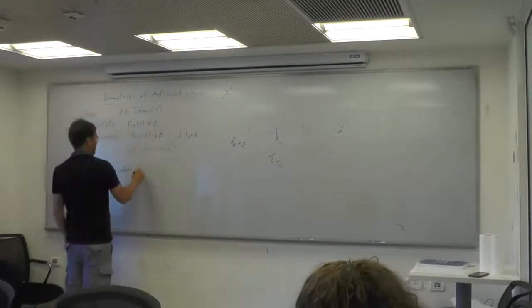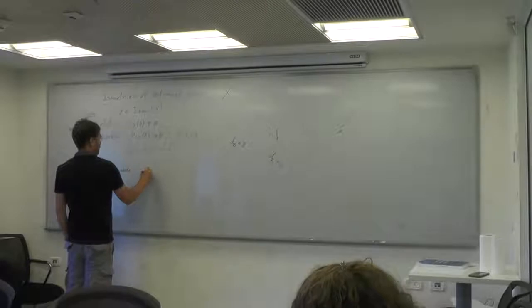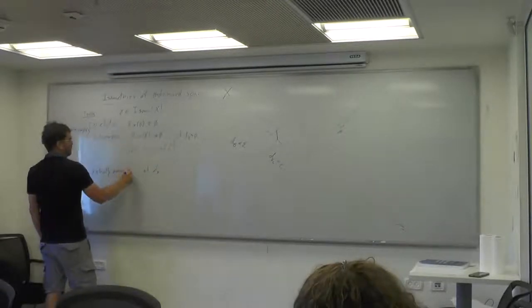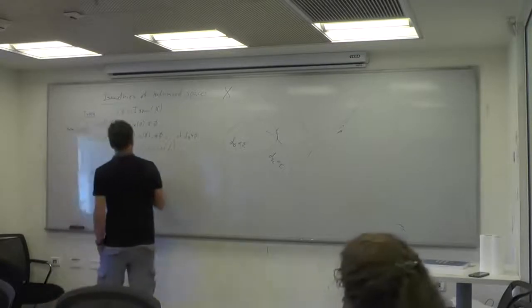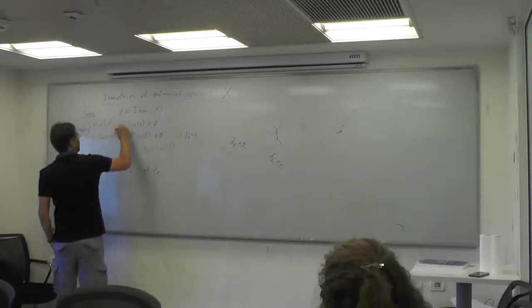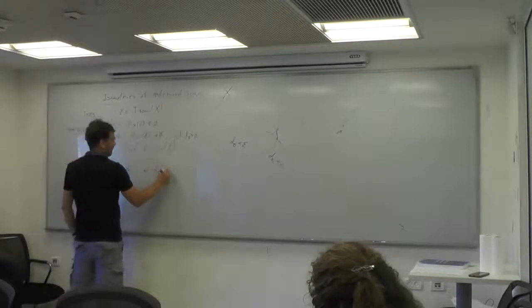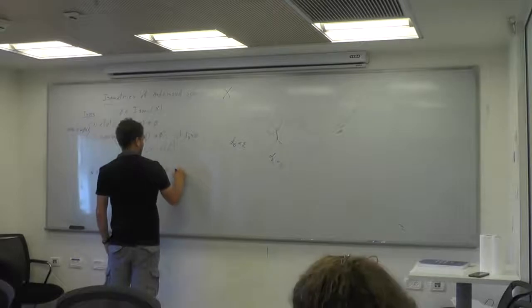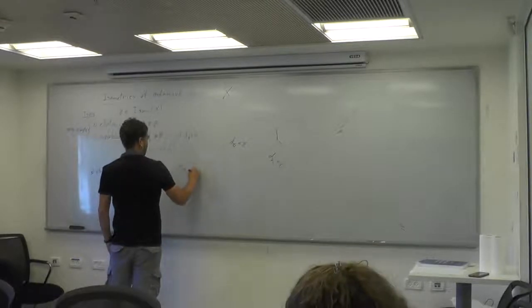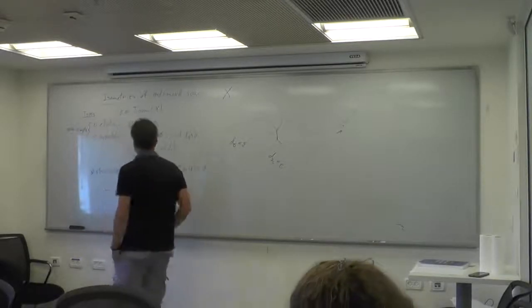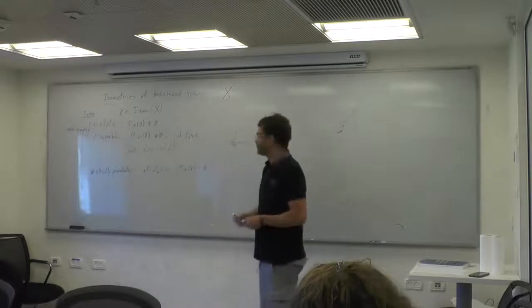It's when the infimum of d gamma is 0, but not attained. Then it's strictly parabolic.